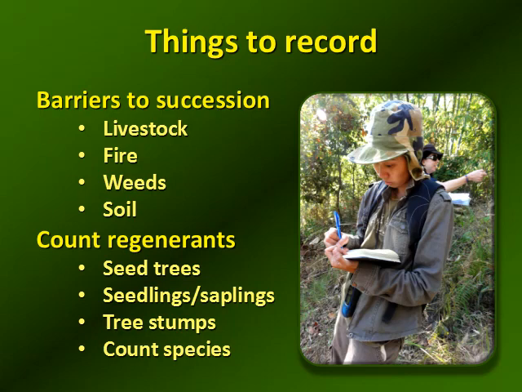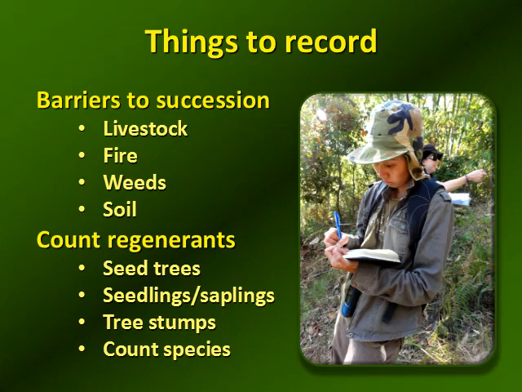This is what we record in these circles. We're looking for barriers to succession. We look for signs of cattle dung, or perhaps damage to young trees by cattle nibbling at the branches. We look for signs of fire, black ash or charcoal in the soil. We look at the weeds. Are the weeds really tall and really thick?